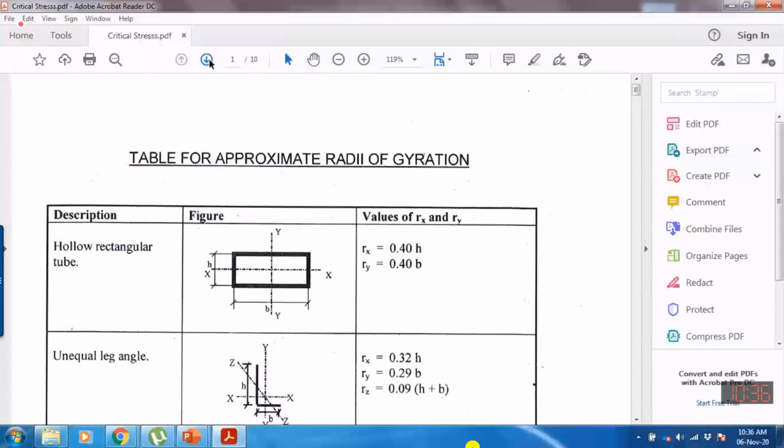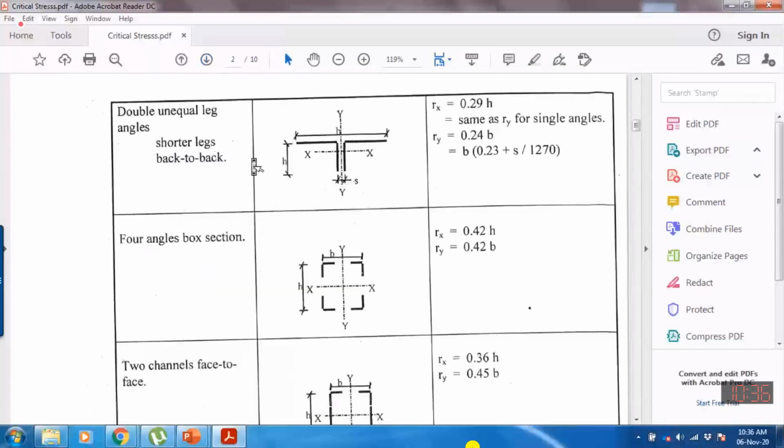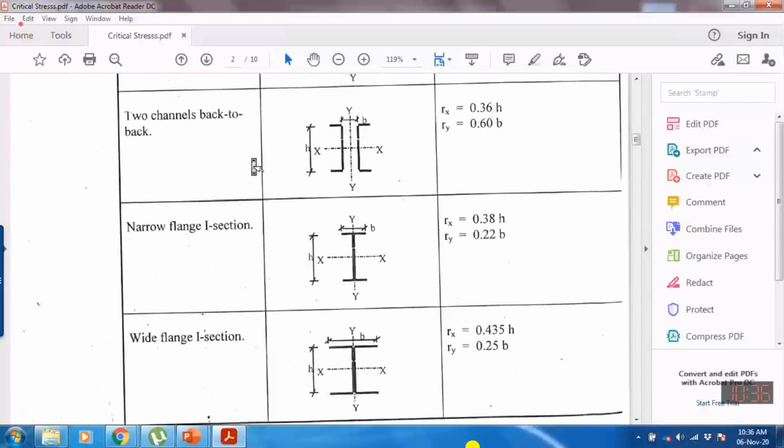So this is page number 102. If you open the LRFD, I just want to see this case. So this is the case, our case.